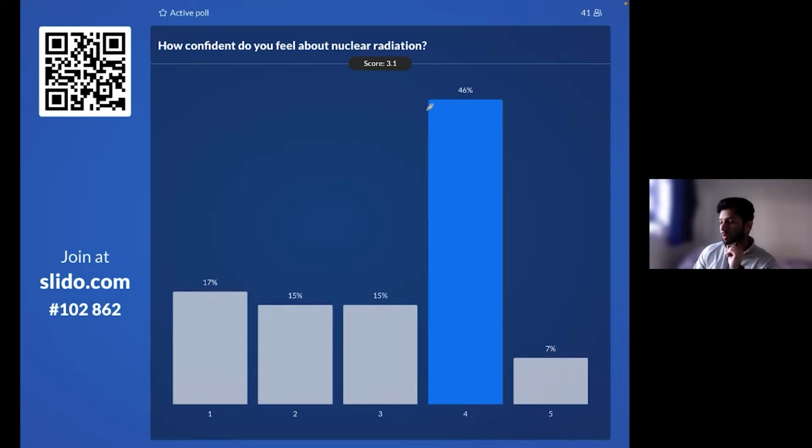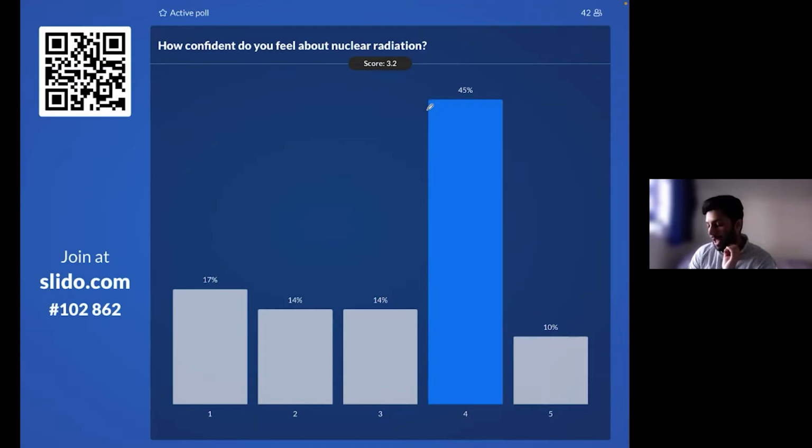Okay, so that will probably do. Most of you are really confident, so we're around the 4 mark for 45% of you. But there are roughly another 45% of you that are on 3s and below. So hopefully we'll go at a moderate pace and try and cater for everyone.